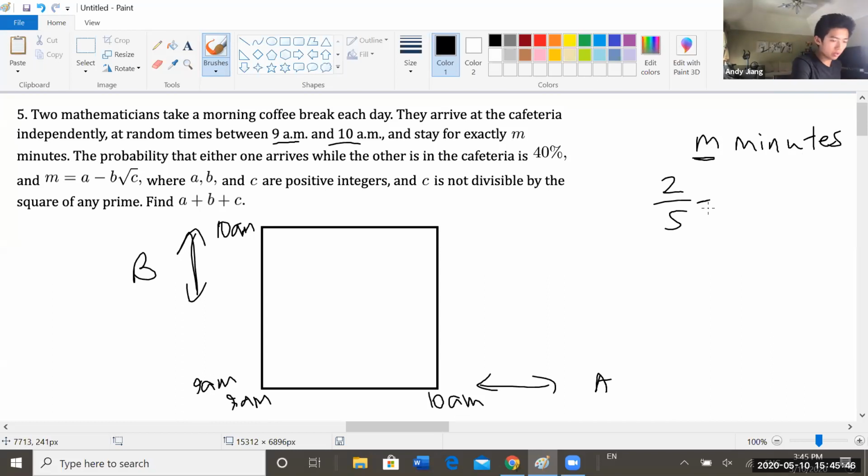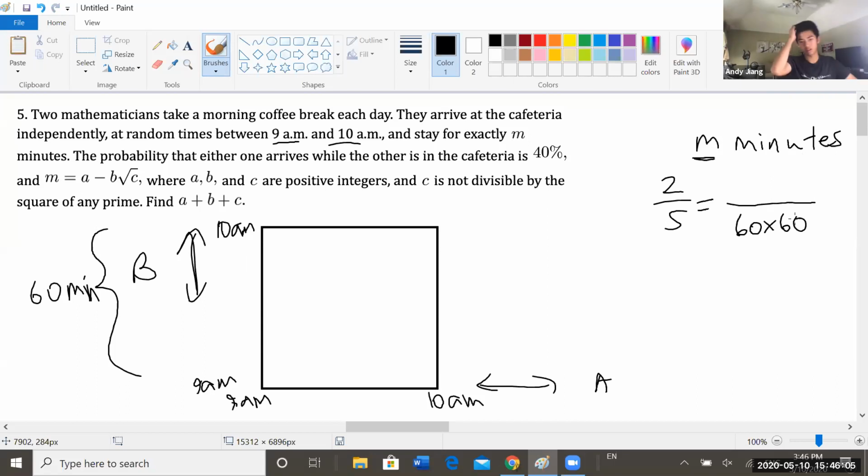Well, we know the total area is this side length times that side length. I'll count this in minutes. This is 60 minutes or 1 hour. So I'll say that the total area is 60 times 60. I prefer to work in minutes because I'm given that m is in minutes.